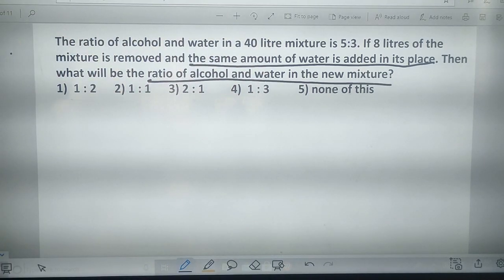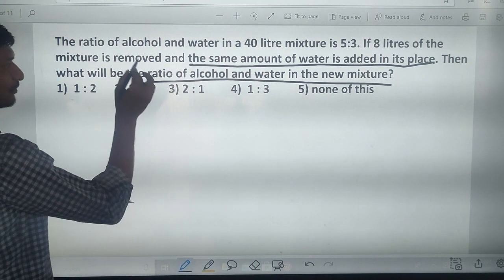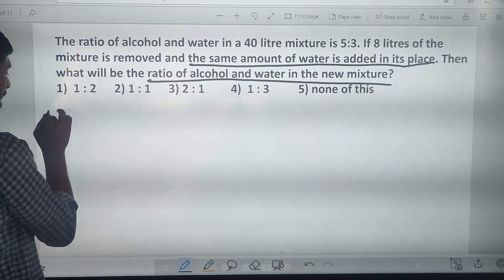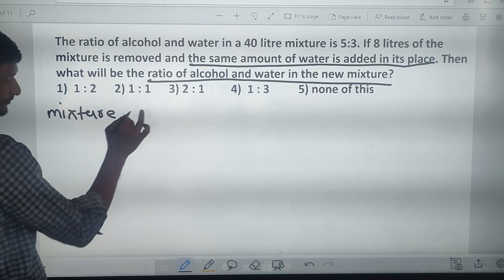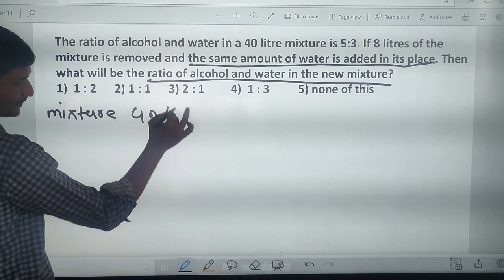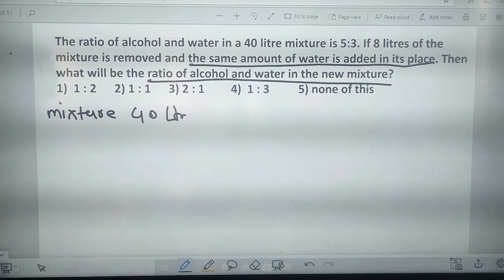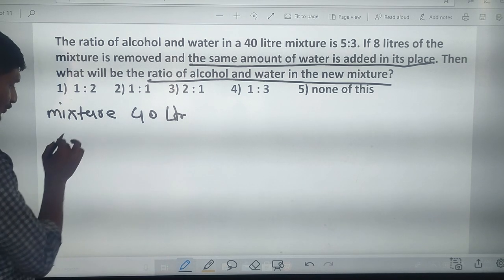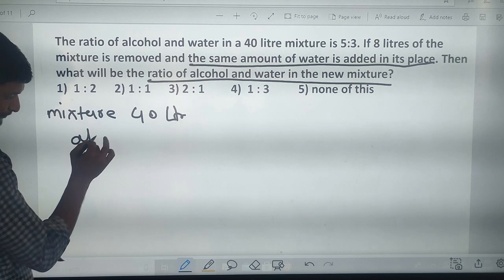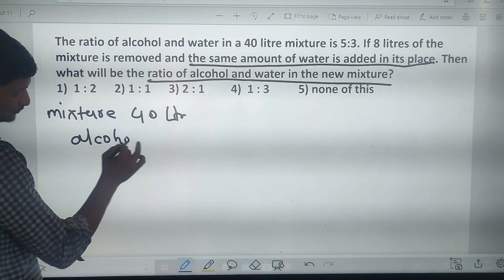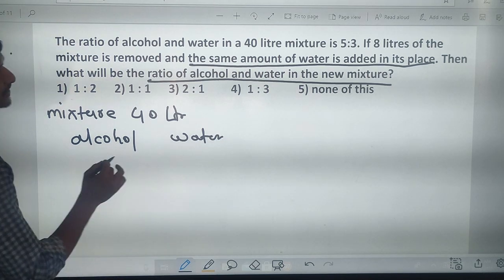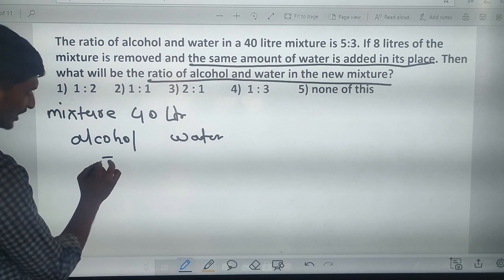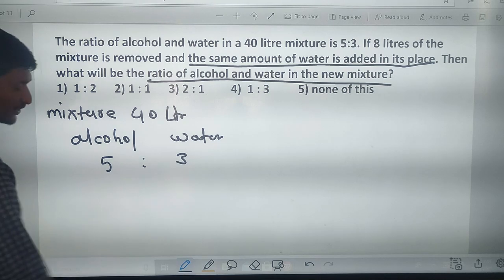Here we write total mixture is 40 liter. Then the ratio of alcohol and water is 5:3.